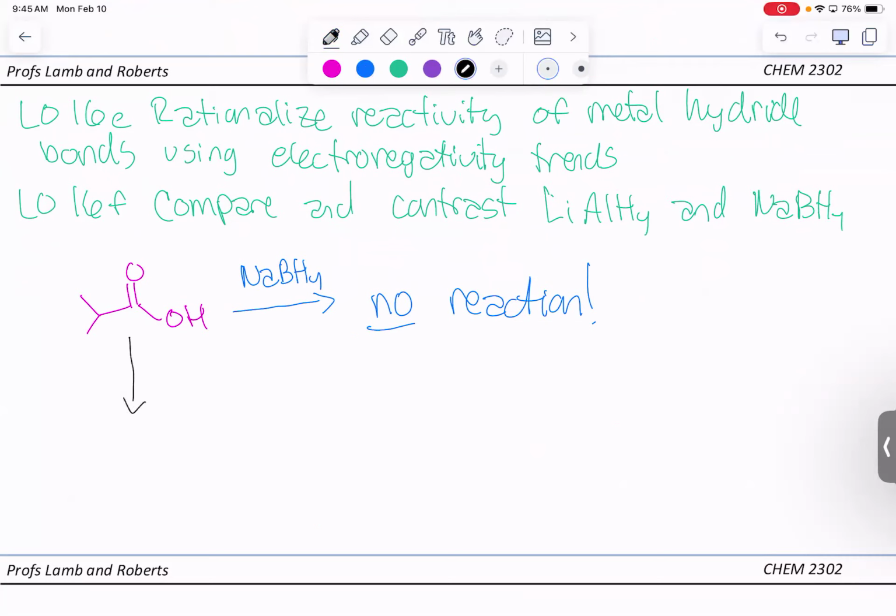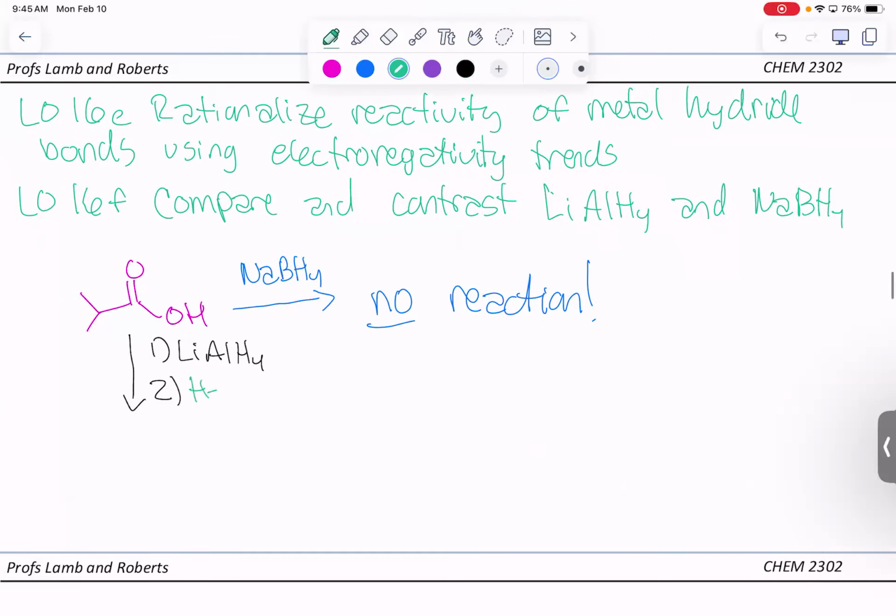Alternatively, we could turn to our lithium aluminum hydride and our water in a separate step. And we would, in fact, reduce this down. We would react with that carboxylic acid. We'll end up with a fully reduced product to the alcohol. All right. So we already stated that lithium aluminum hydride is a much stronger reducing agent.